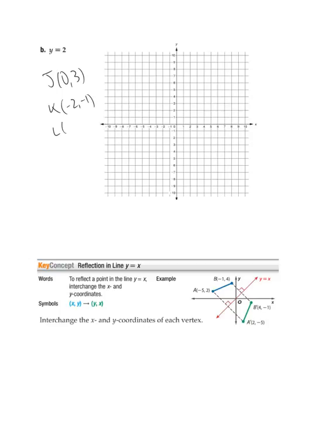And L was -6, +1. So we're going to take that same starting triangle and reflect it across the line y equals 2. So J is at 0, 3. K, -2, -1. And L, -6, 1.